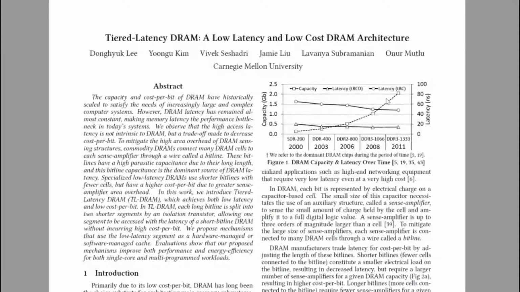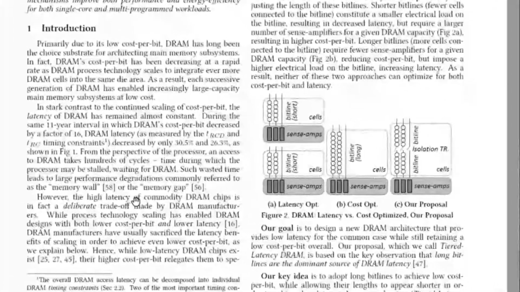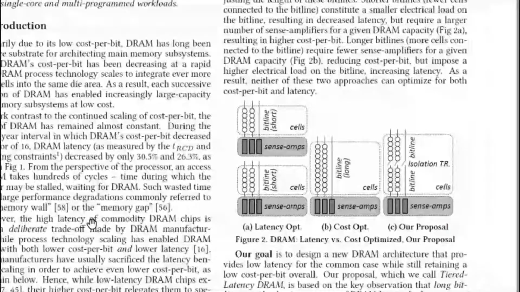In this scenario, the length of the bit line is very important. If the bit line is short, these two latencies will be lower, and if the bit line is very long, these two latencies will be higher. In this diagram, three design options are given. Let's concentrate on the second option.